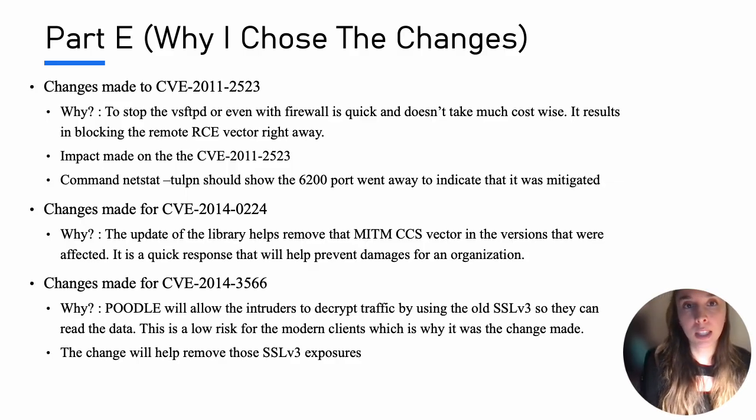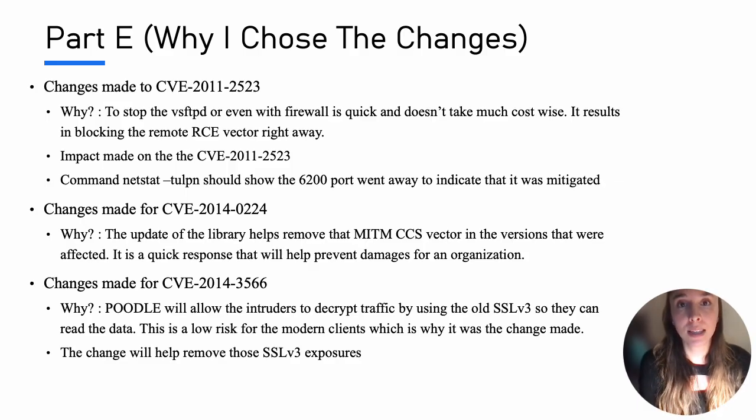Next one was CVE 2014-0224. It's the OpenSSL CCS MITM vulnerability. Updating the OpenSSL library removes the vulnerable versions that allow MITM attacks via the CCS flaw. It's a fast way to prevent potential session hijacking and protect the organization from damage, and that's why I chose that one. And then the last one is CVE 2014-3566, which is the Poodle vulnerability.